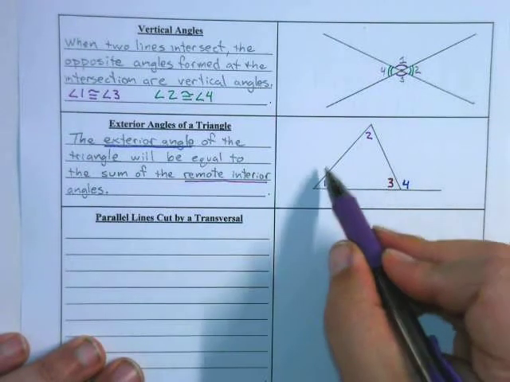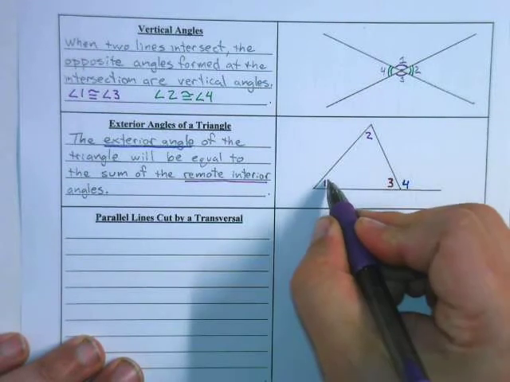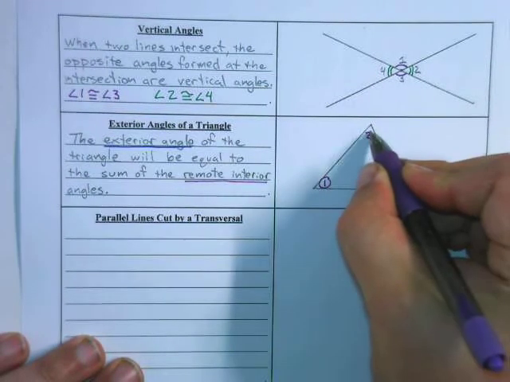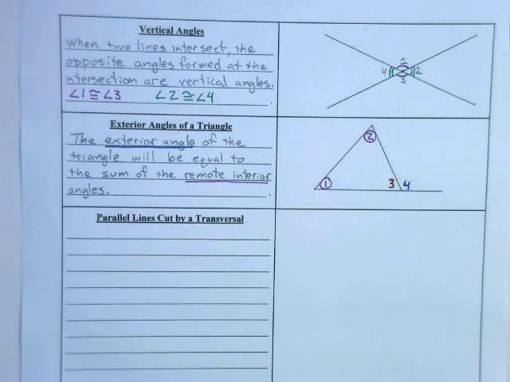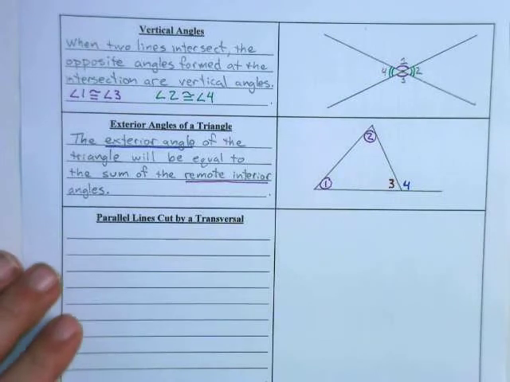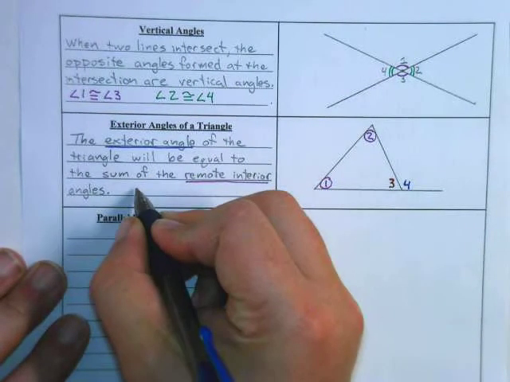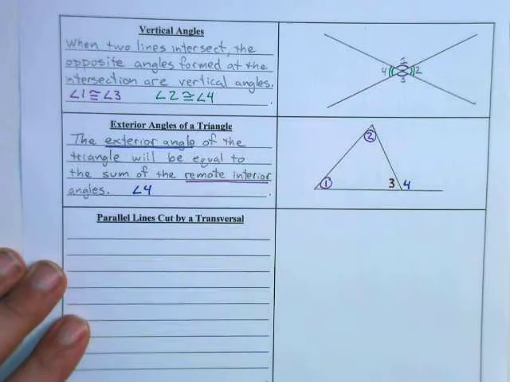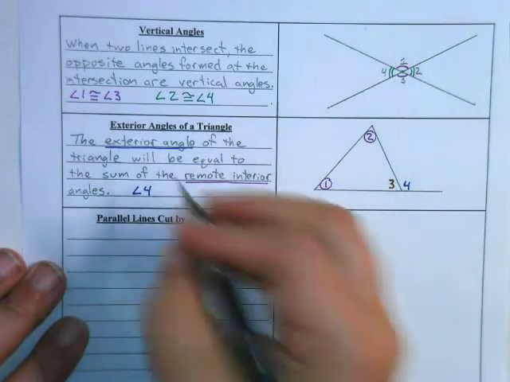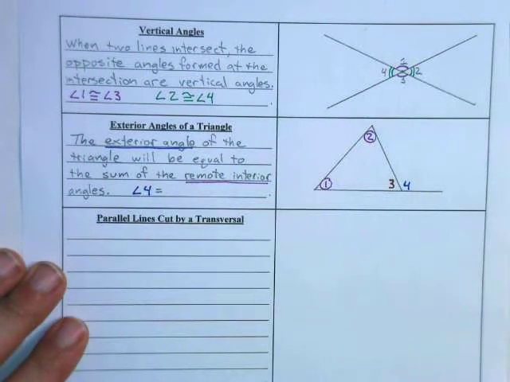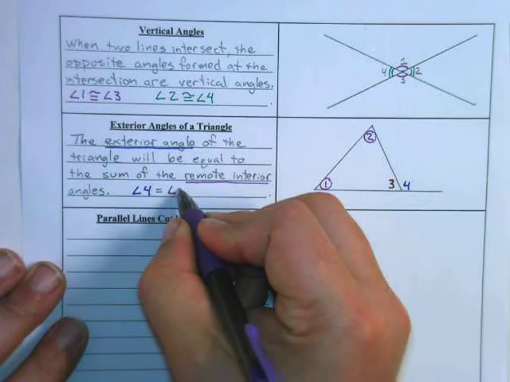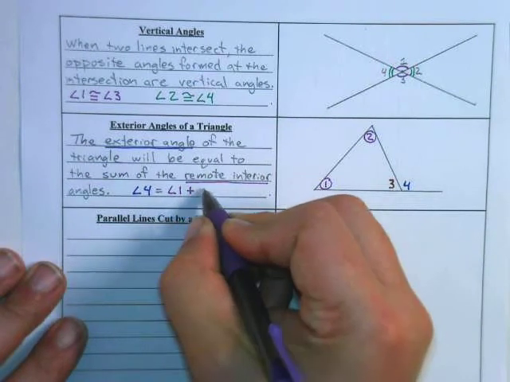Okay? So angles 1 and 2 are going to be our remote interior angles. And so what ends up happening with these angles is that angle 4 will be equal to the sum of angles 1 and 2.